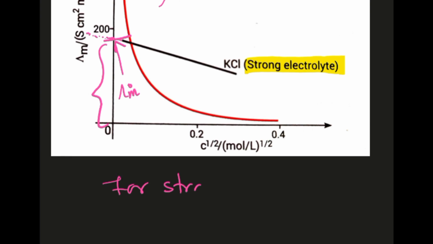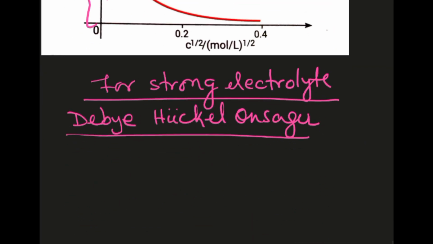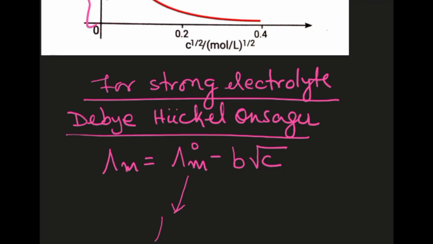For strong electrolyte, there is a mathematical relationship which is given by the Debye Huckel Onsager equation. This equation says lambda m is equal to lambda m naught minus b into root c. This is the expression where lambda m naught is the limiting molar conductivity, and lambda m is your molar conductivity.